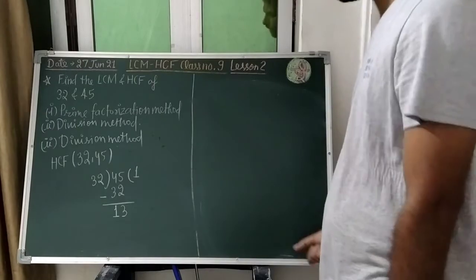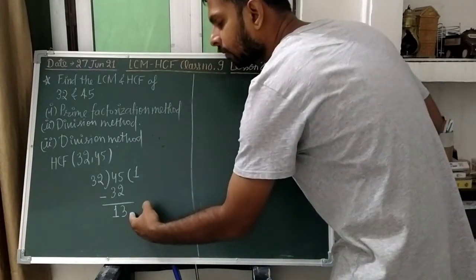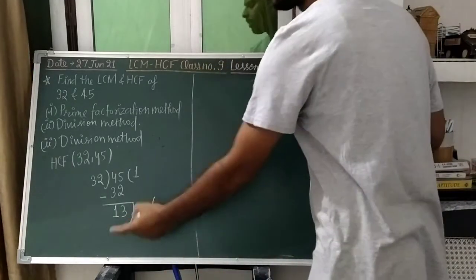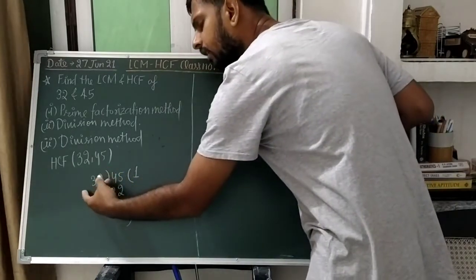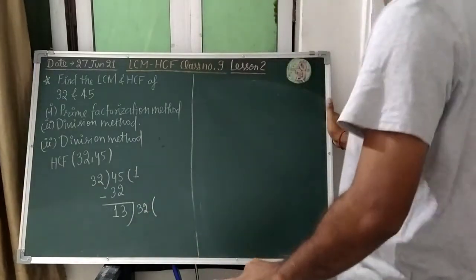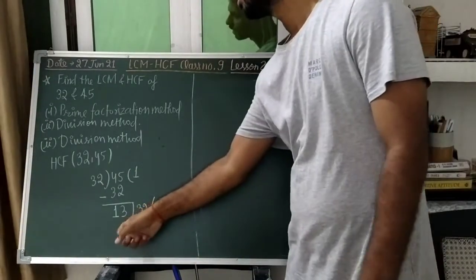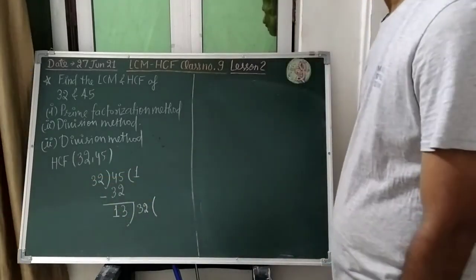In the second step, students, whatever remainder comes will divide the divisor of the first or previous step.